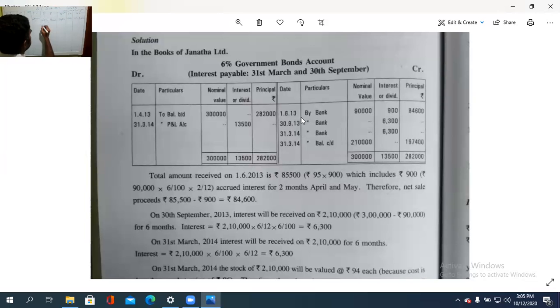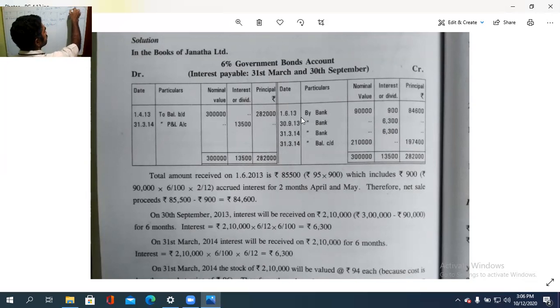Then what is the next step? On 31/3/13, again interest is there. So by bank, how much is it? 3 lakh minus this 90,000, since those shares are removed. So 2,10,000.